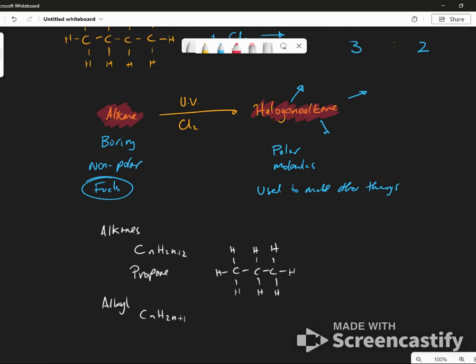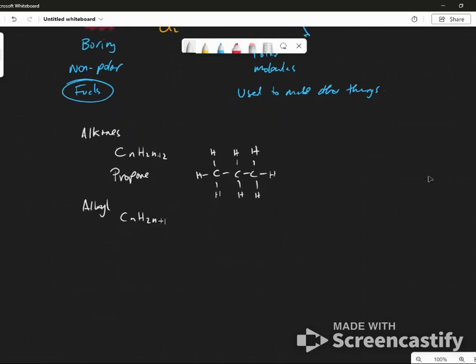That's propane. All right. And now let's have a look at this thing here, this alkyl. That's 3 carbon atoms. All right, here we go. There. Now, there's no hydrogen on the end. Now, propane exists on its own.